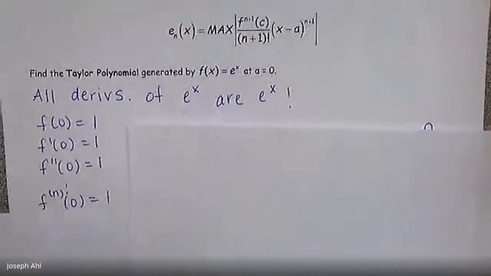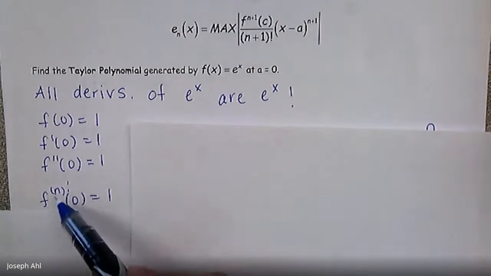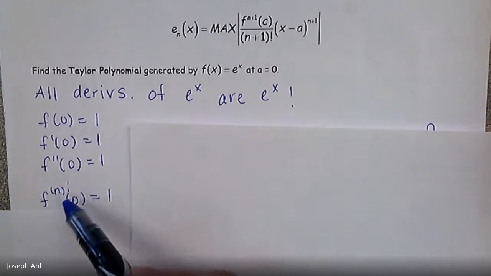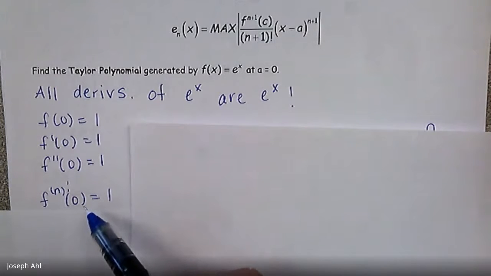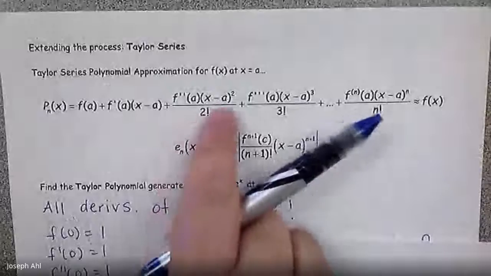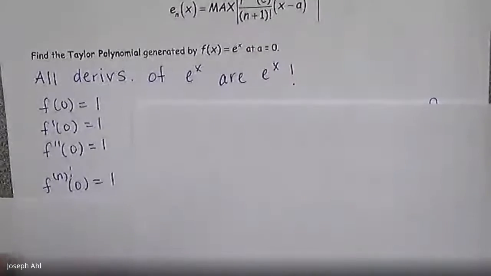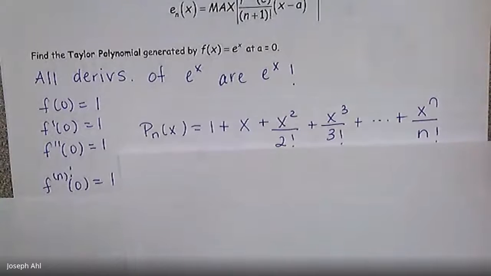f of 0 is 1, and f prime of 0 is 1, and f double prime of 0 is 1. And notationally here, f to the n, the nth derivative at 0, would have to be 1 as well. So with all of those values at 1, and given the fact that a is 0, it's going to be the following polynomial function that represents e to the x.